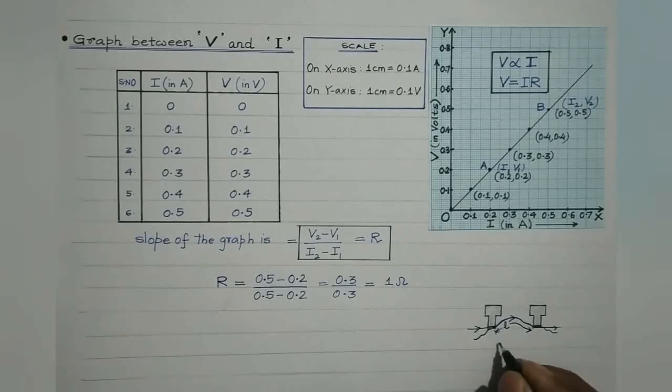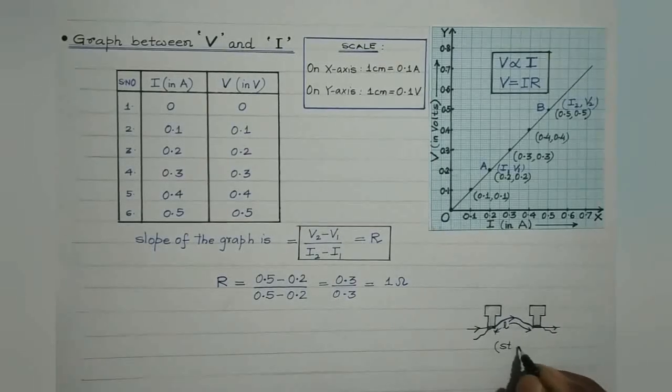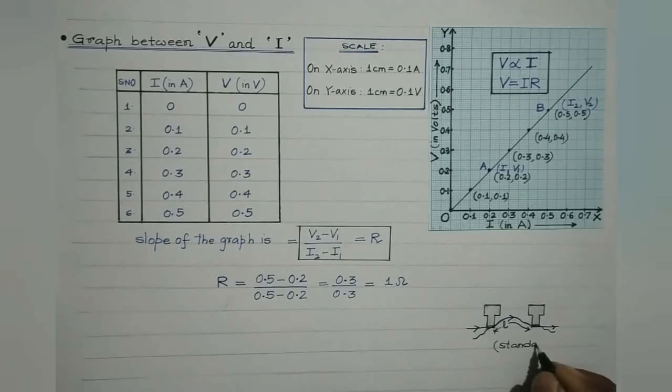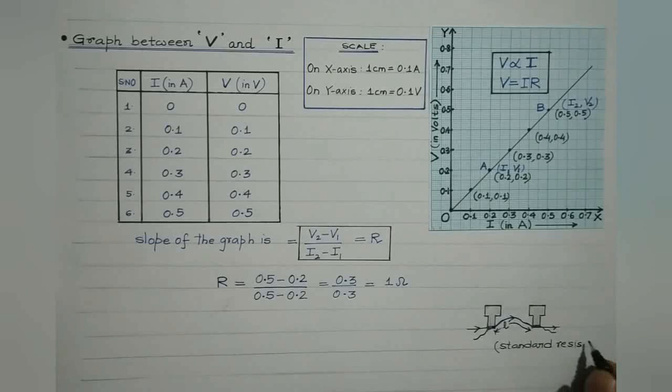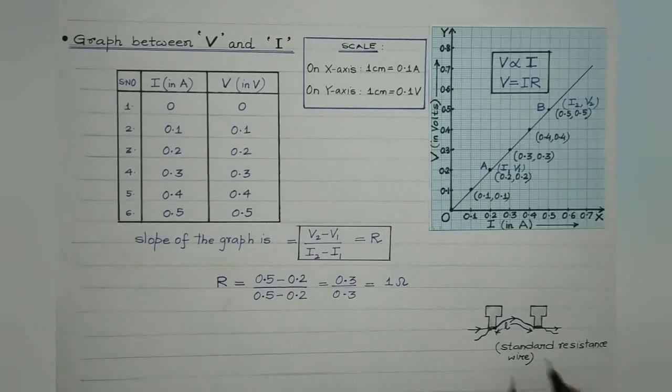This is the standard resistance wire which is given. So this length can be easily found. Again, I am telling the students, this is the effective length of the given wire.